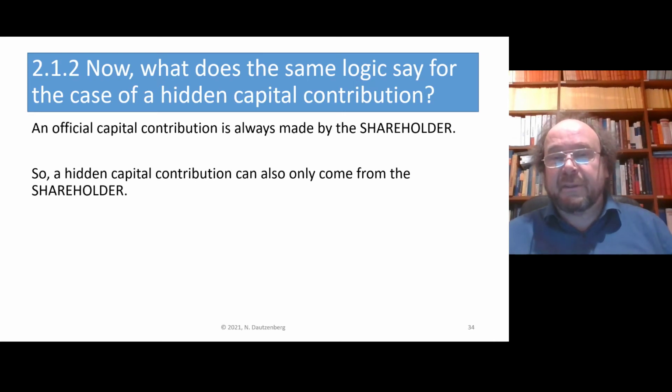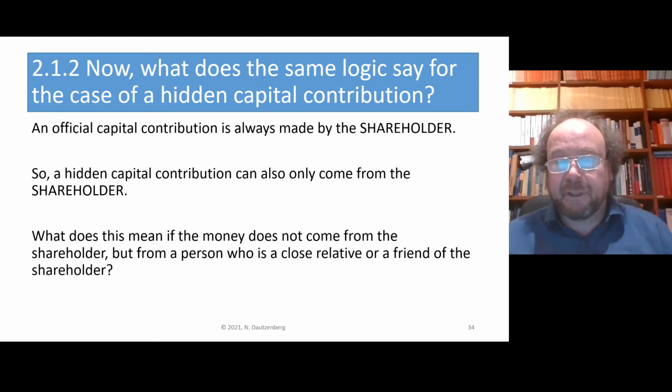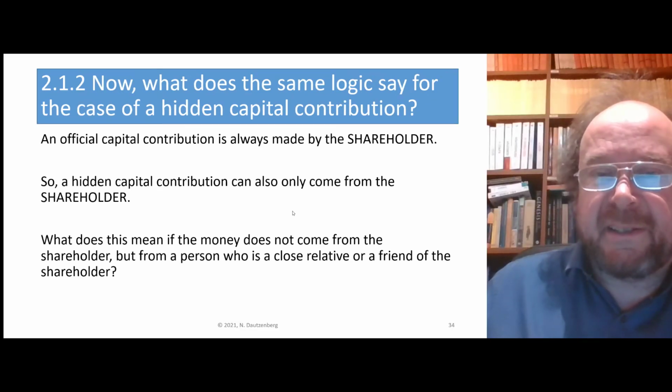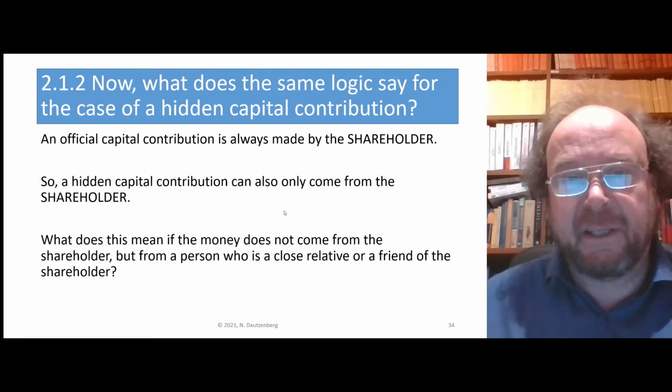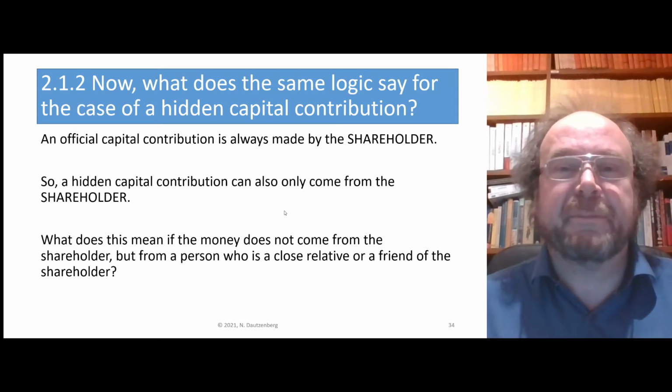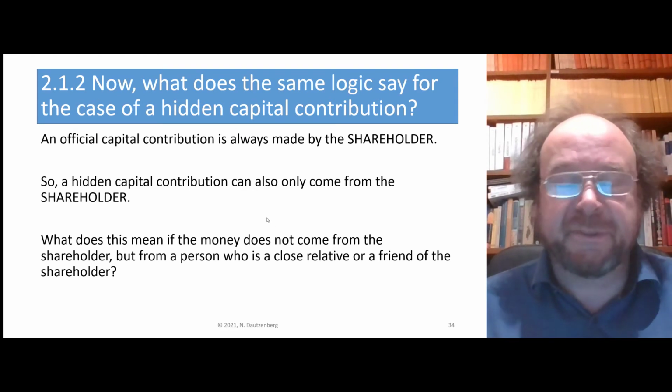Now, how can we explain that somebody else gave that money to a GmbH and not the shareholder? Well, in such a situation, the underlying economic background must be explained as follows.